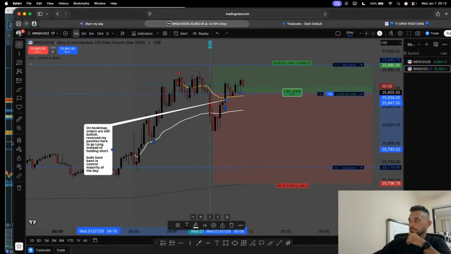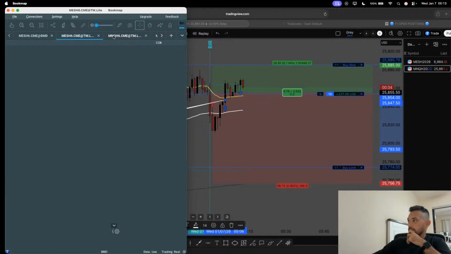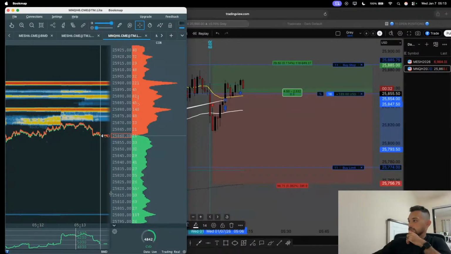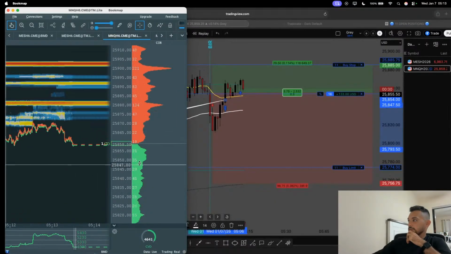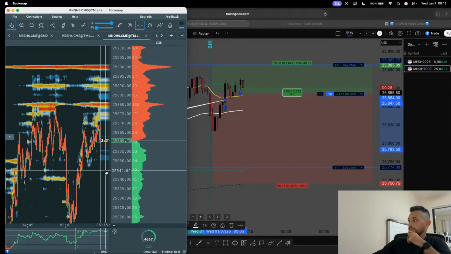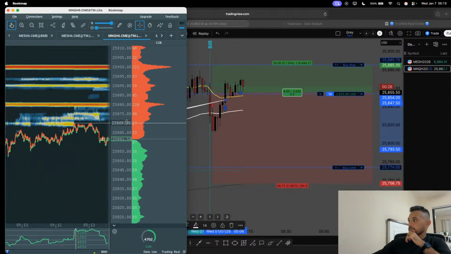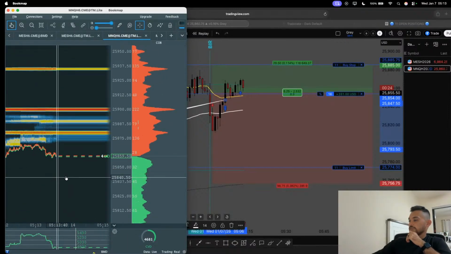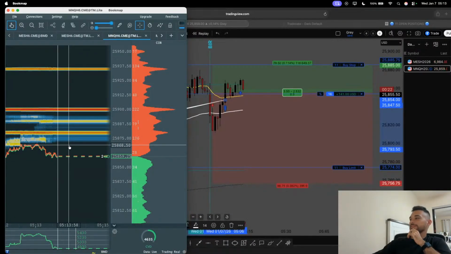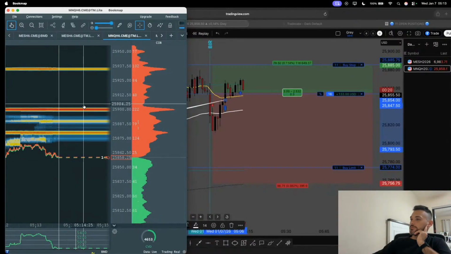And then look at Bookmap again. CVD just cranking up higher. So one thing that I'll notice with Bookmap, it's not the end all be all with Bookmap.